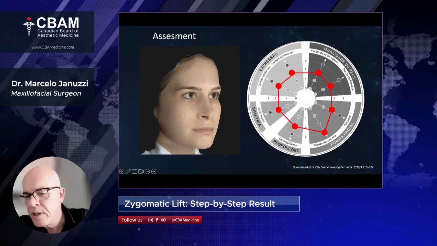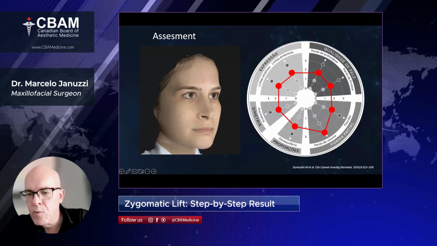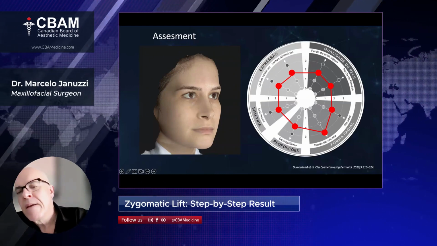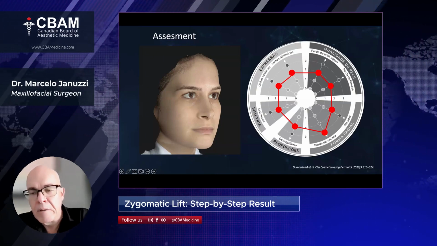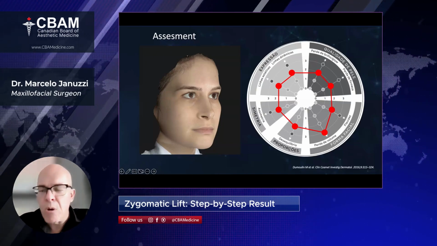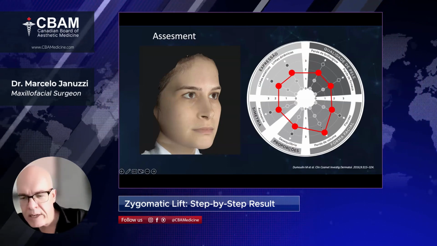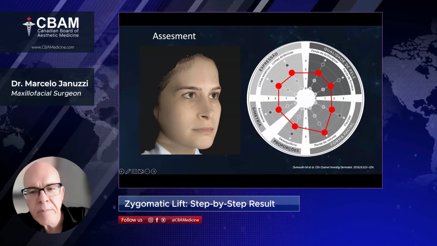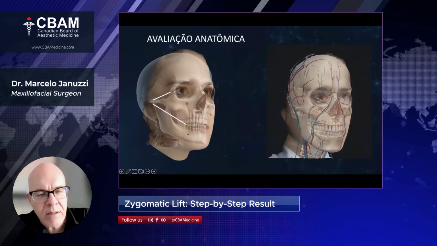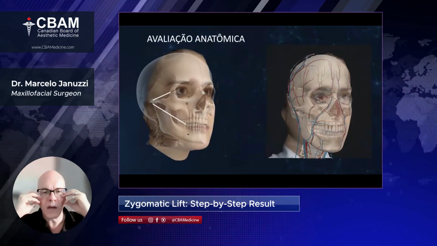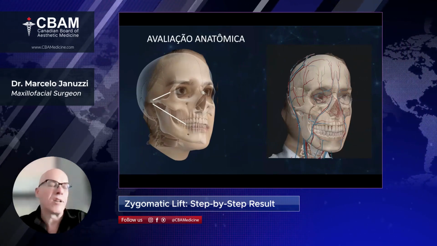The patient put the worst note here, the note 3, to the loss of volume. The sagging is not so important, and everything else is 2. Only loss of volume is 3.